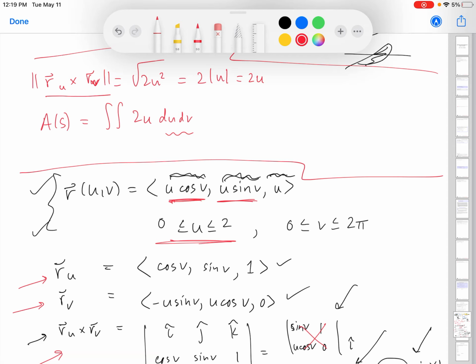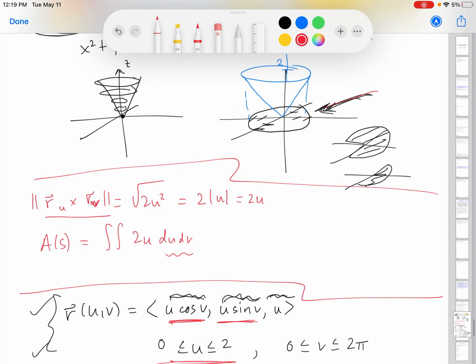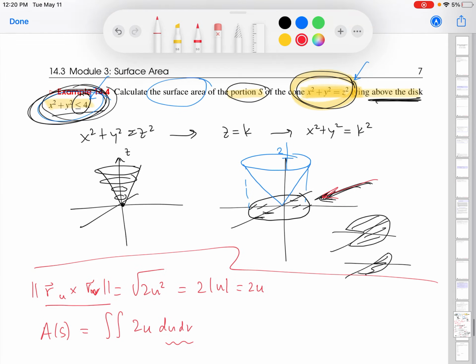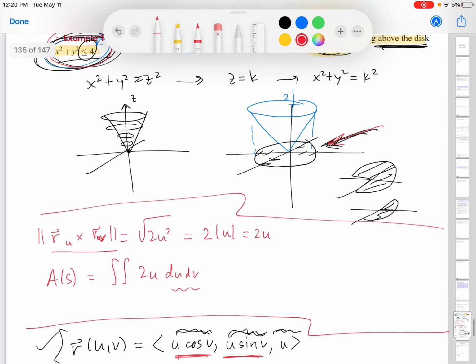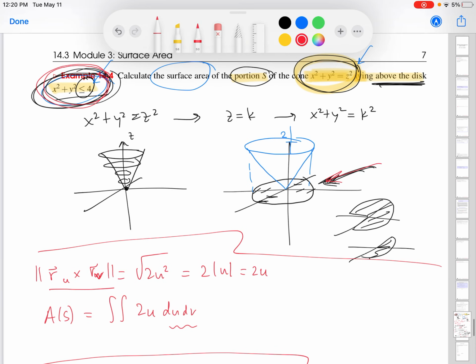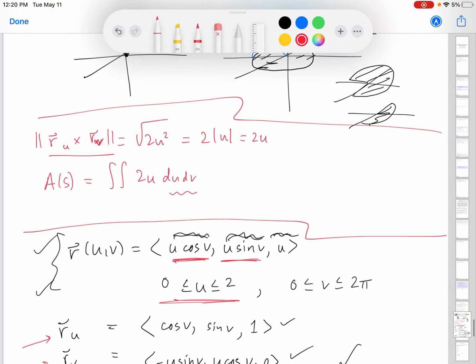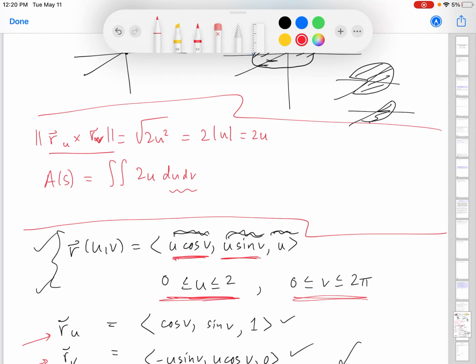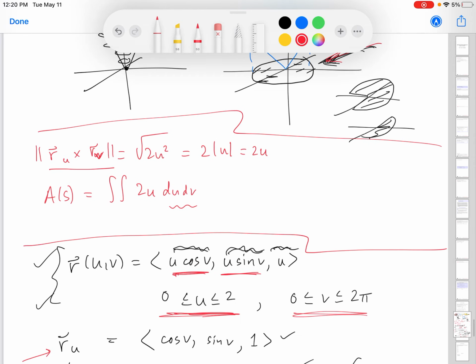This was the parametrization, which I erased, of the disk in the plane of radius 2, because we have x squared plus y squared less than or equal to 4. So again, going back to what we had already said about the bounds, u goes from 0 to 2, and v goes from 0 to 2 pi.